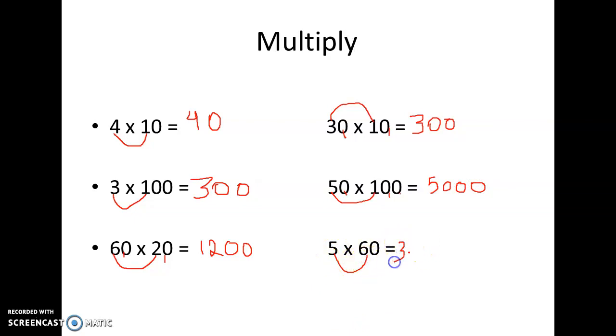Here I already have 0 in my product. Then 0. Now this 0 with the answer and this 0 from the factors. Then the answer will be 300.